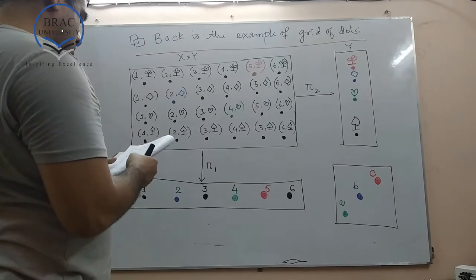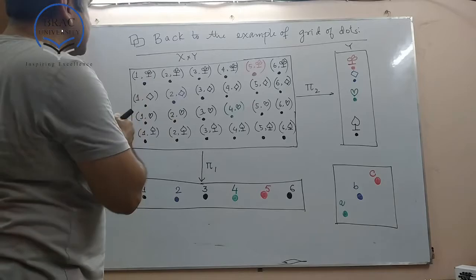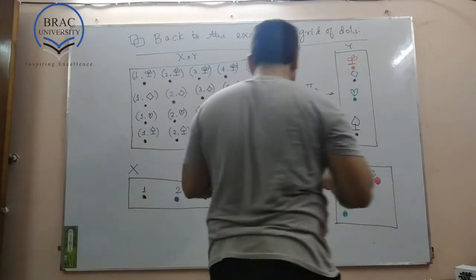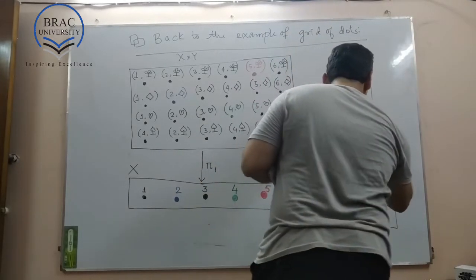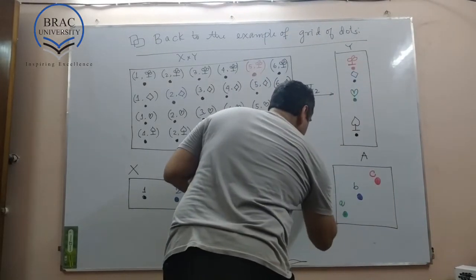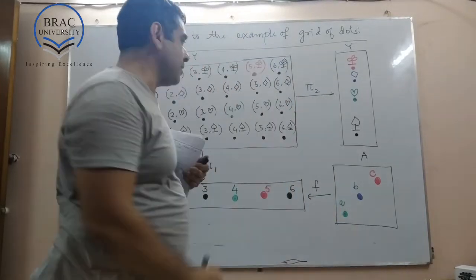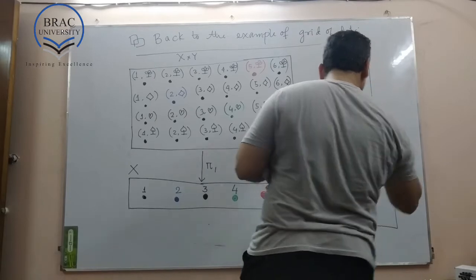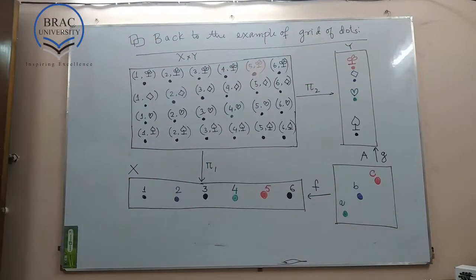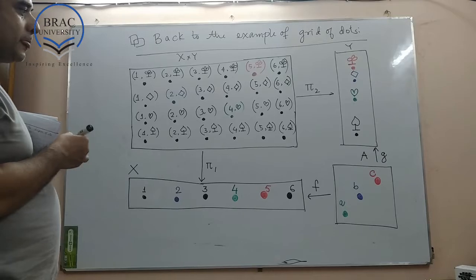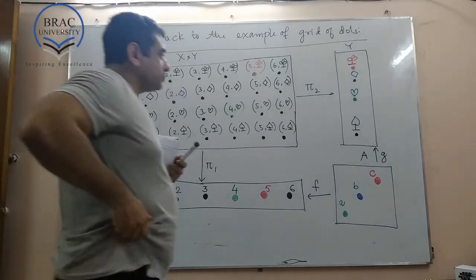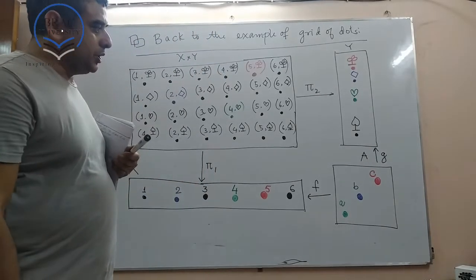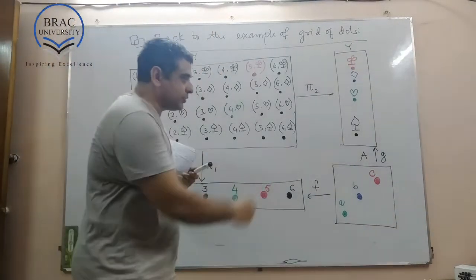So this is X cross Y, this is X, this is Y, this is A. From A to X, in the universal property, the function that we had is f, and from A to Y was the function g. Here you can see the function using these colors from this picture.